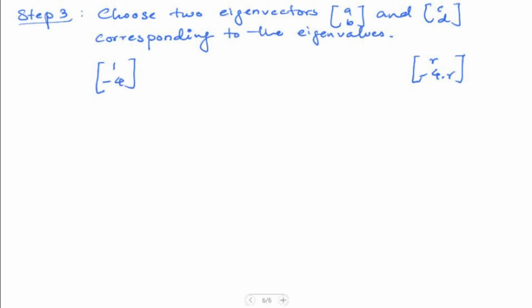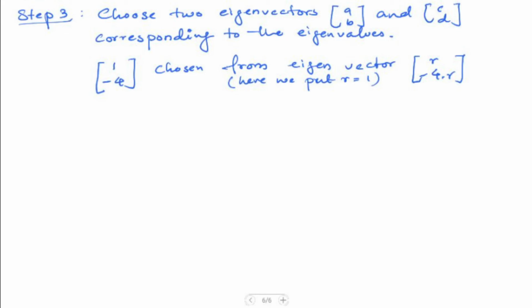So you can say that this is chosen from the eigenvector R, minus 4R, where we put the value R is equal to 1.